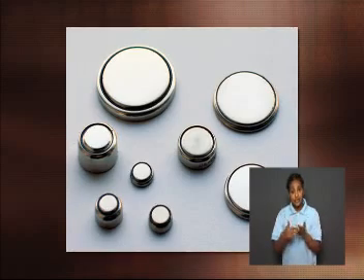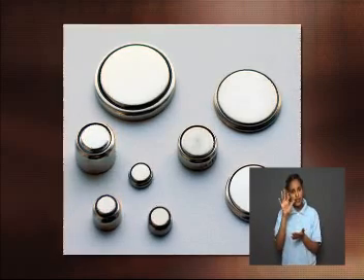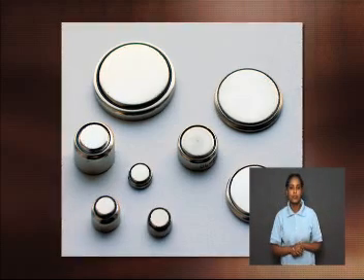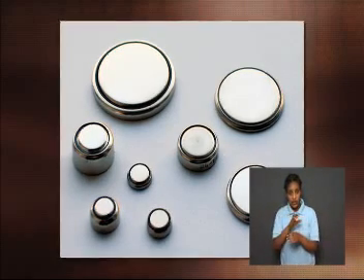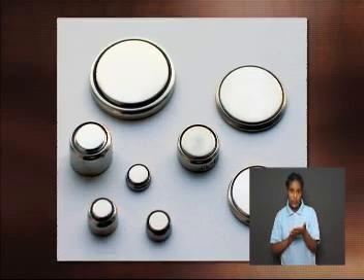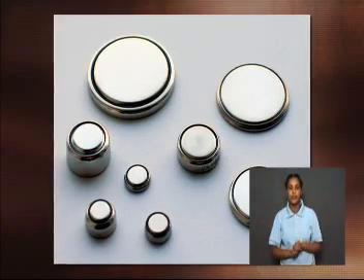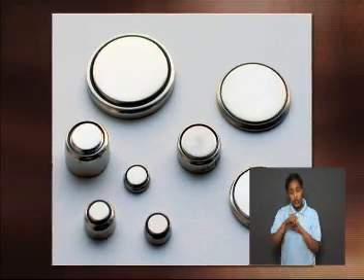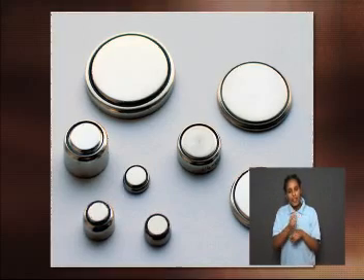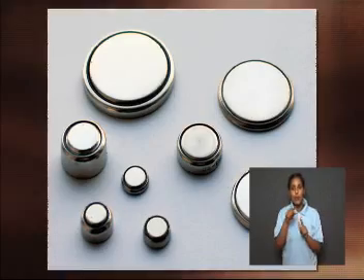This cell produces 1.35 volts. Mercury cells are often used in devices like calculators, cameras, and wristwatches. The anode in a mercury cell is metallic zinc, and the cathode is mercury(II) oxide.